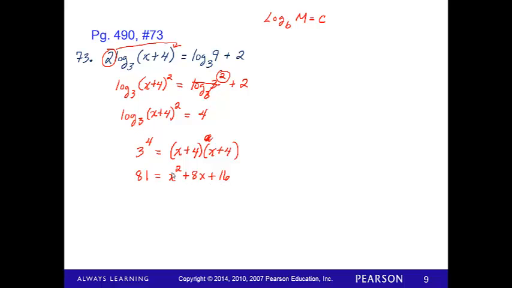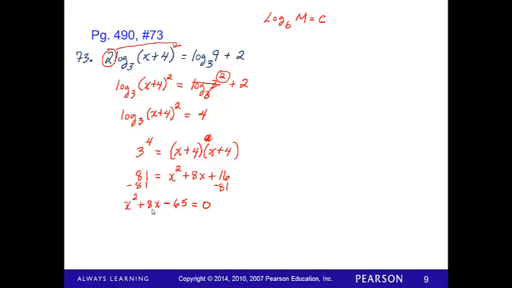Now this is quadratic, so we need everything on the same side. So we have x squared plus 8x, I'm subtracting 81 on both sides, and you get minus 65 equals 0. So now we want to solve this.